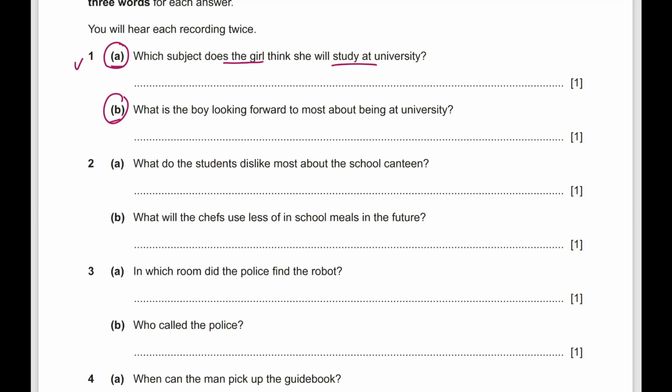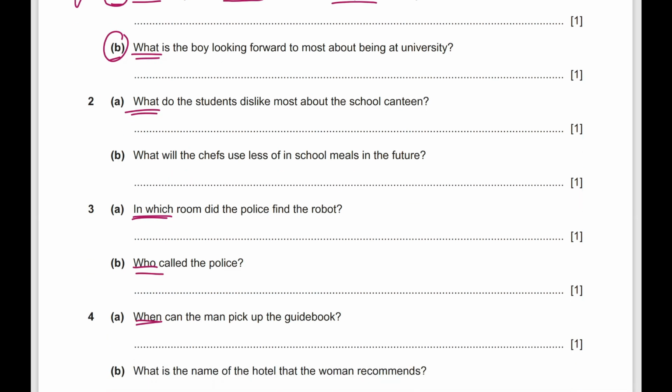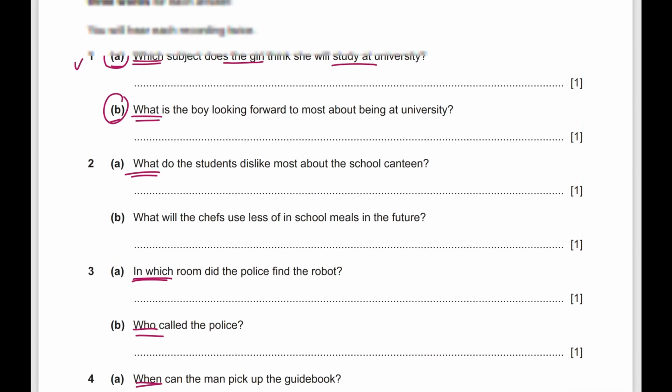Students should highlight the question words, such as what, which, in which, who, when. You got the point? You need to highlight the question words, such as what, when, where, why, etc. And underline, which is very important.